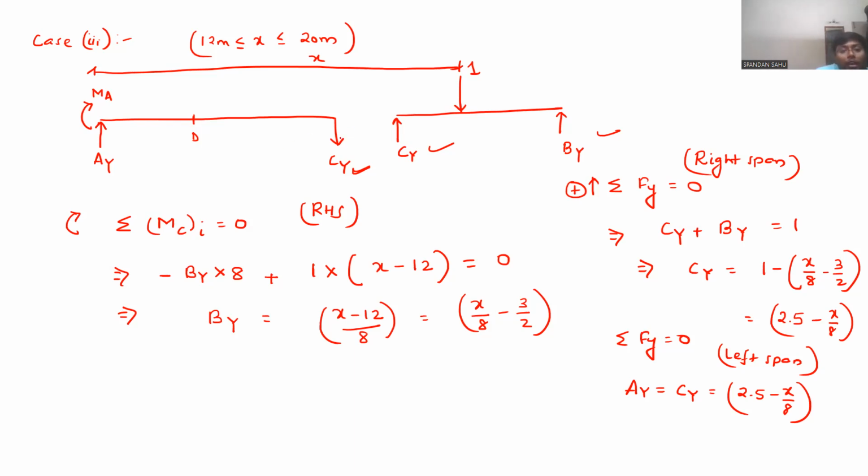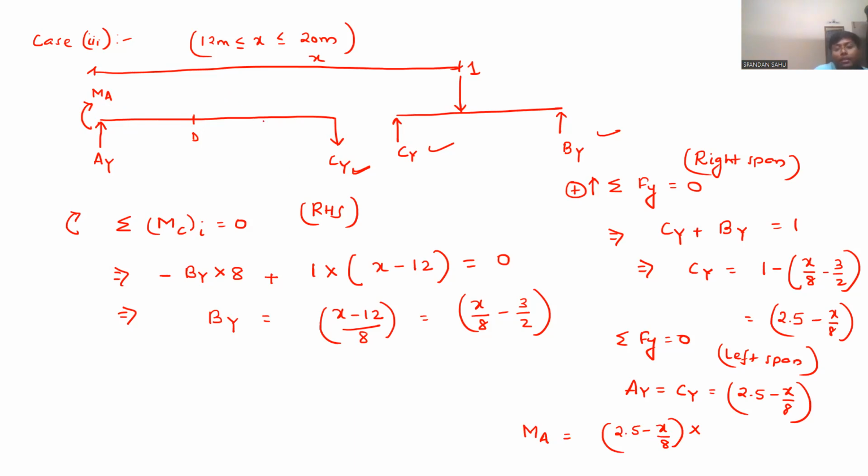So to restrict that, MA should act in anti-clockwise manner. And that MA, what will be the magnitude? It will be 2.5 minus x by 8 force into the separation distance or the lever arm between them.